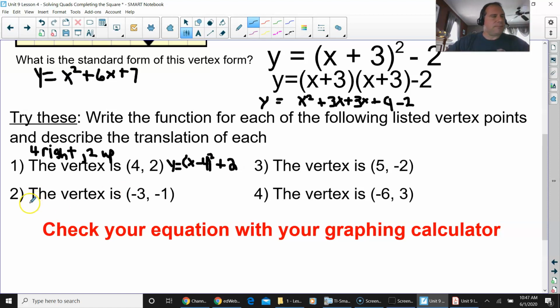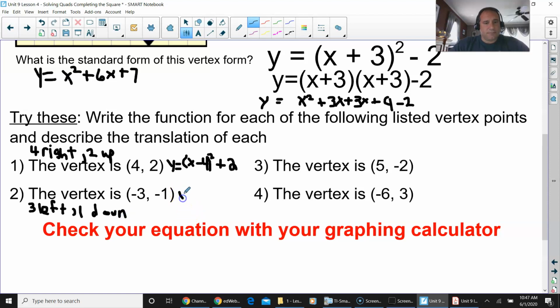So vertex number 2. Let's see if you could do this one. Negative 3 is 3 to the left and 1 down. So what does that function look like?